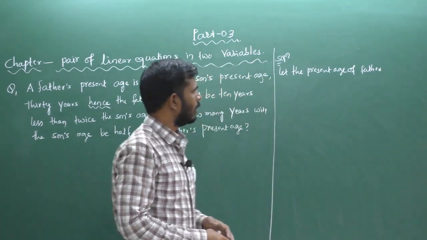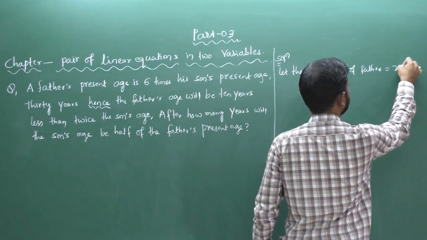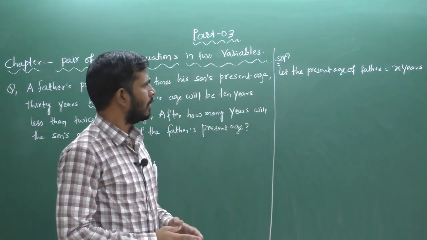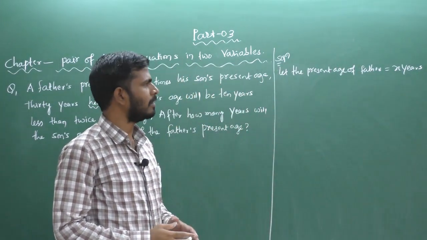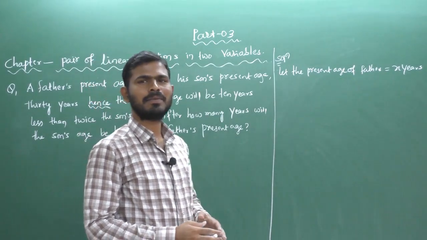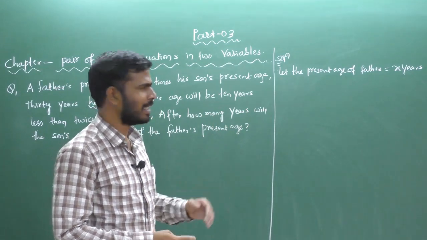Let the present age of father be x years. Present age you always have to measure in years, so you have to write in years. Don't write centimeter or meter. So the present age of father is x years.